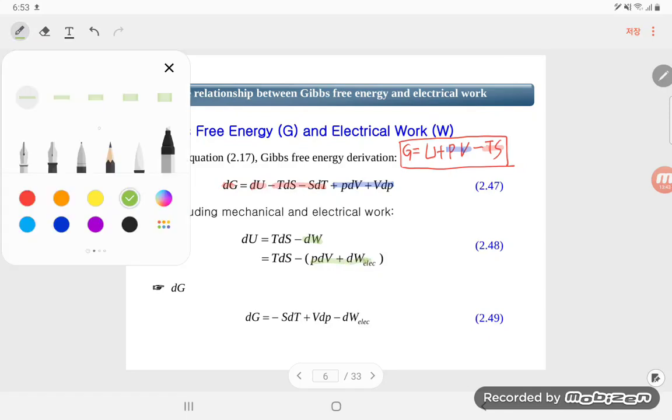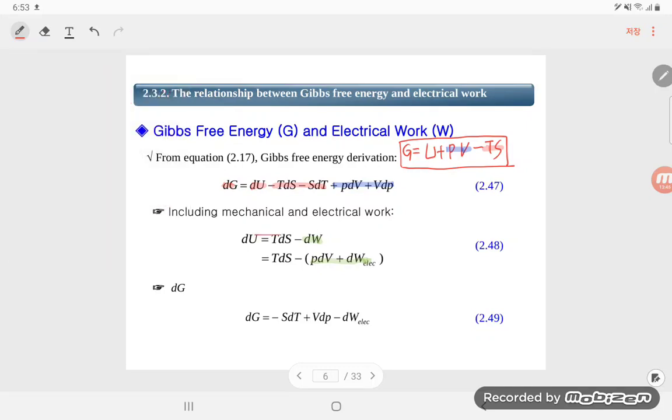So if we insert this dU into this equation, then the TdS is cancelled and PdV is cancelled out.